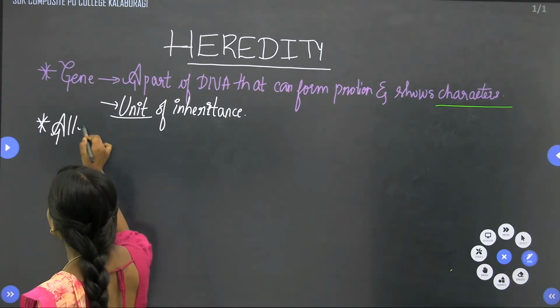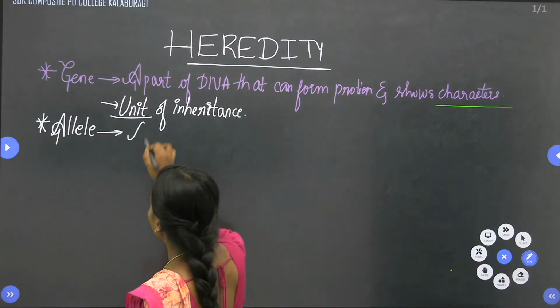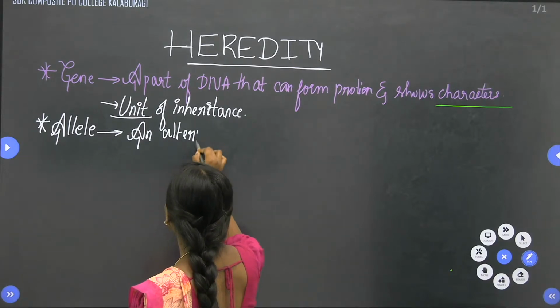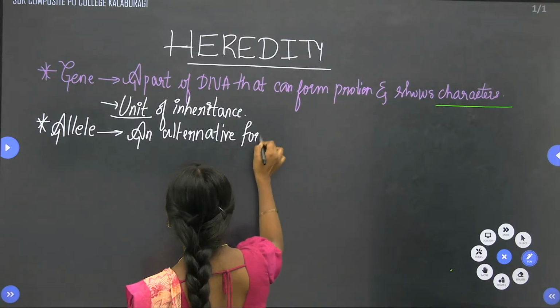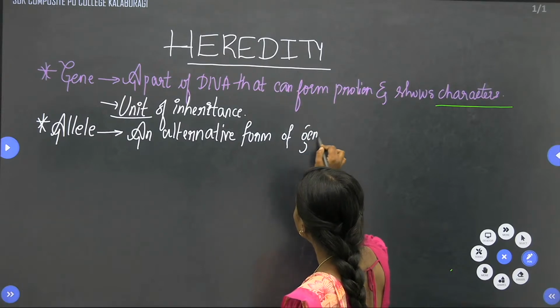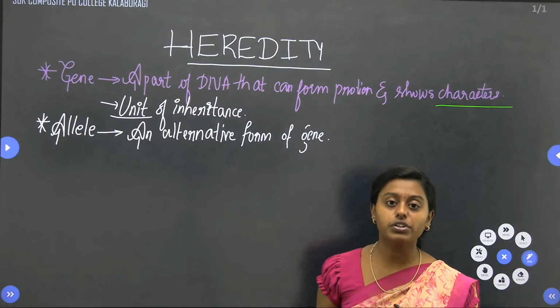And next one is allele. Allele is an alternative form of gene.